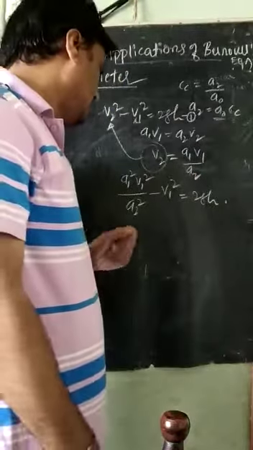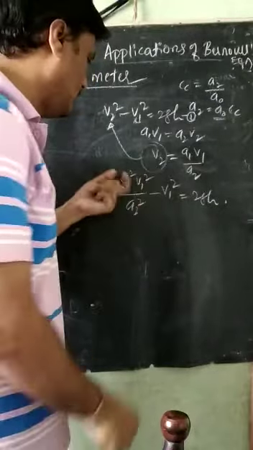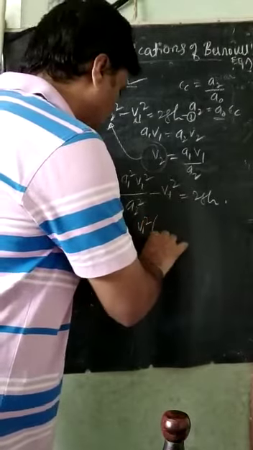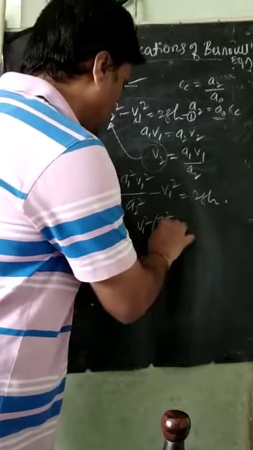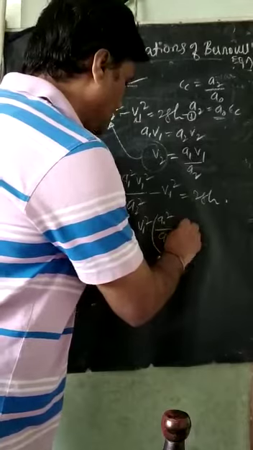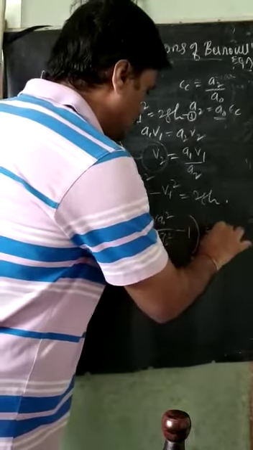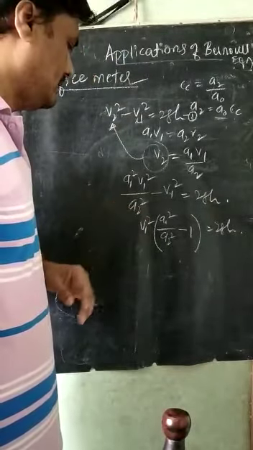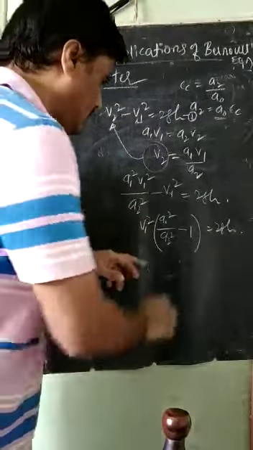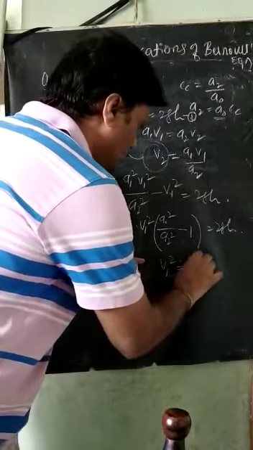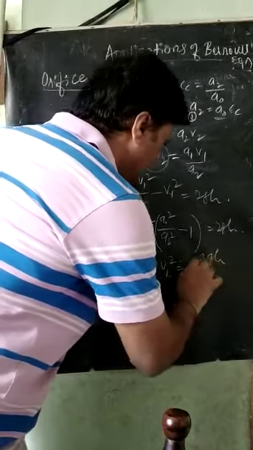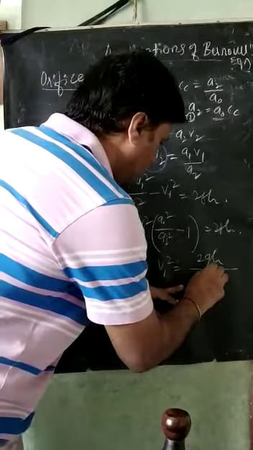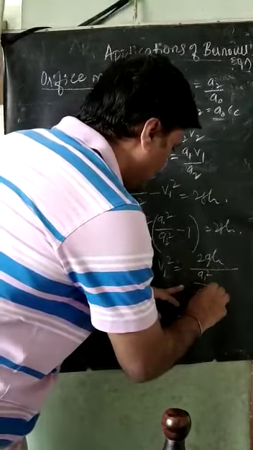Now you see, V1 square is common in these two terms. So V1 square in the bracket, A1 square divided by A2 square minus 1, is equal to 2GH. Therefore V1 square is equal to 2GH divided by A1 square divided by A2 square minus 1.